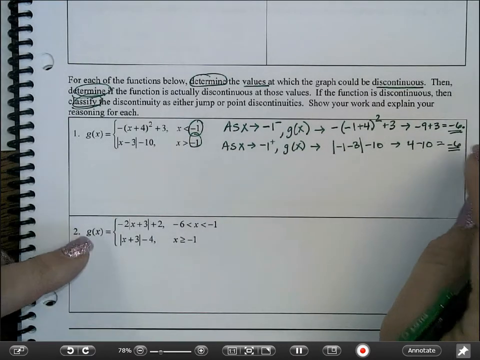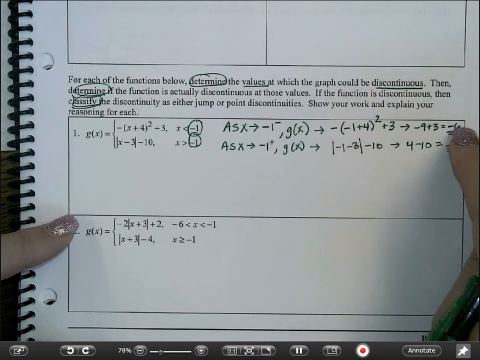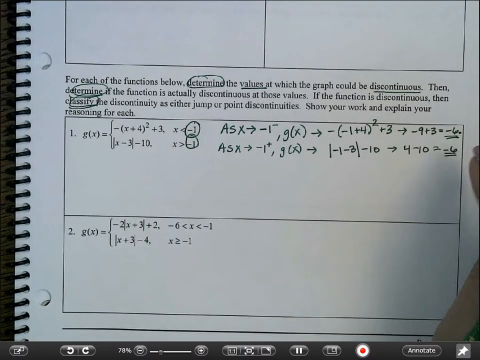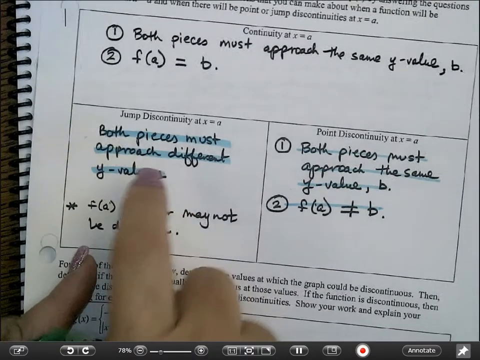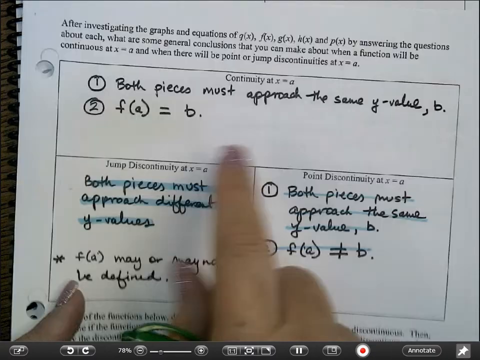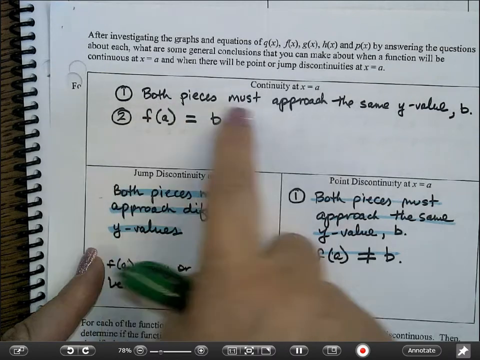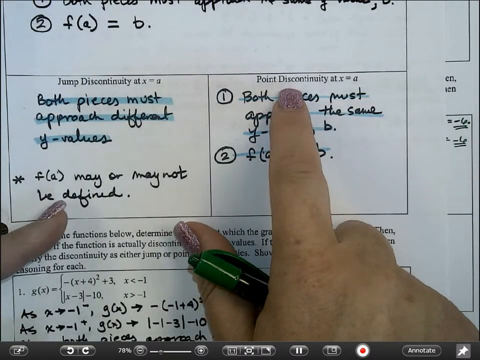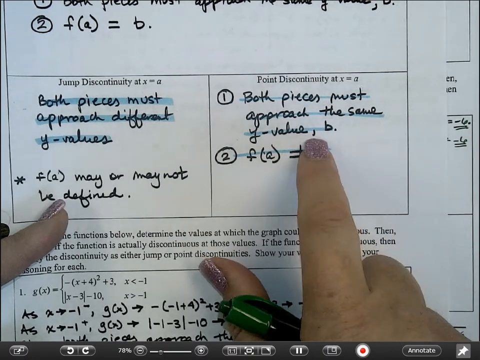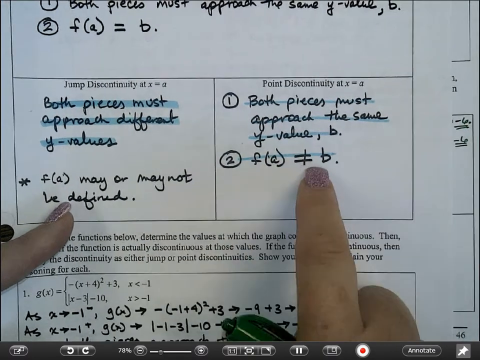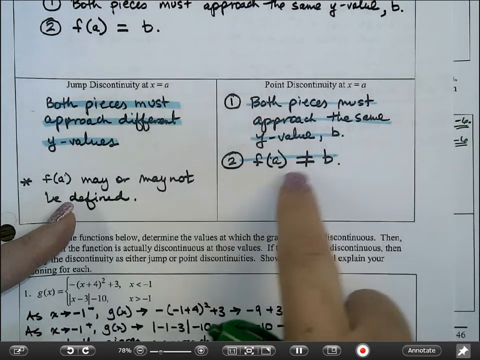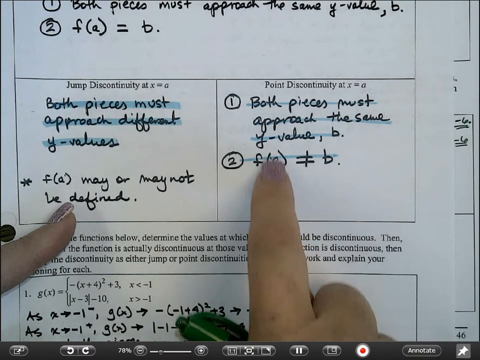It tells me that on the left and the right, I'm approaching the same y value. So I definitely do not have a jump. I have either continuity because both pieces approach the same y value, or I could have point discontinuity. I have to do step 2. I have to see if that same x value gives me that same y value or not.